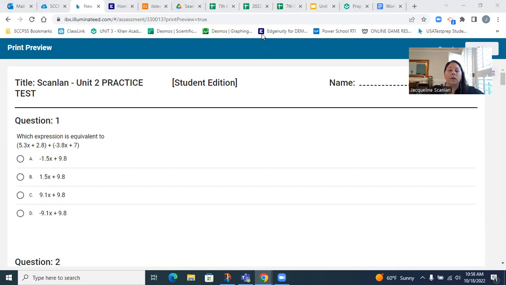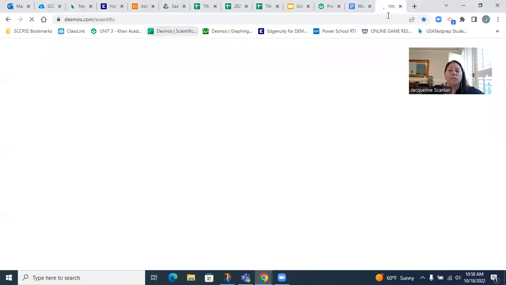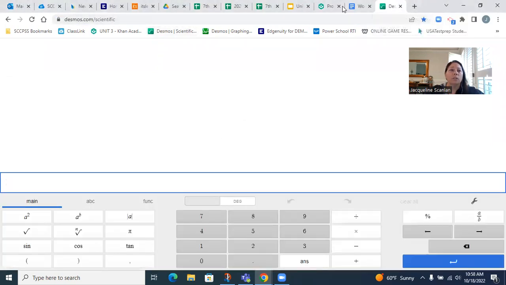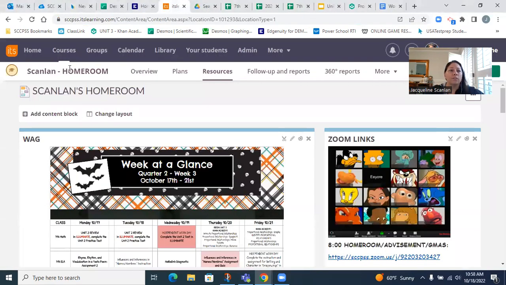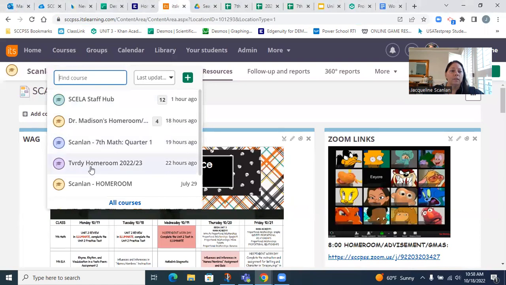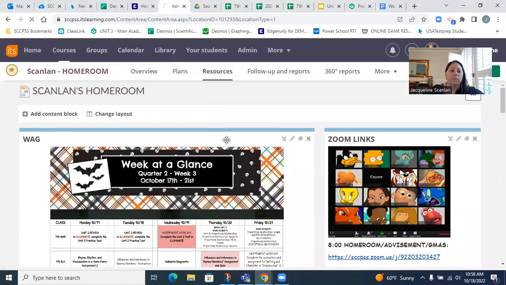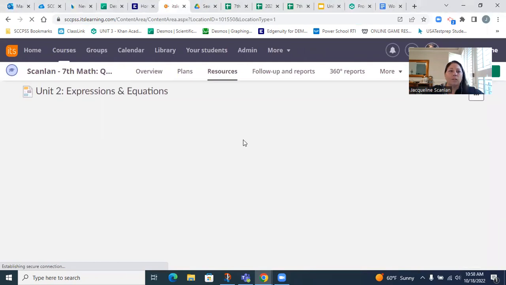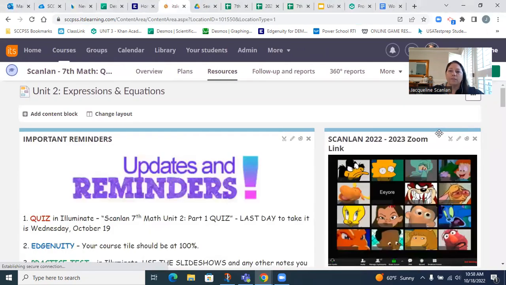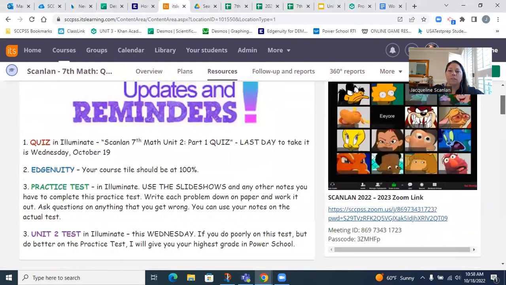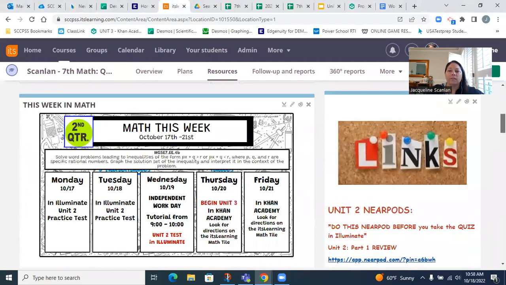All right, so the other thing that I want to remind you of is Desmos. You should definitely be using your Desmos calculator to support you as you are working. And you can also use your slideshows from It's Learning. So if you click on Scanlon 7th Math, and you look on the right side of your screen underneath the Zoom links, you're going to see other links.